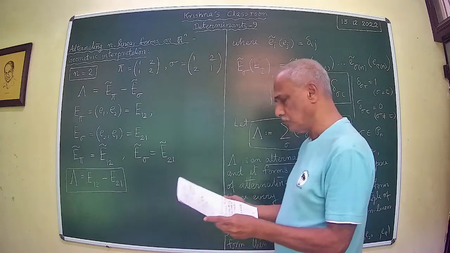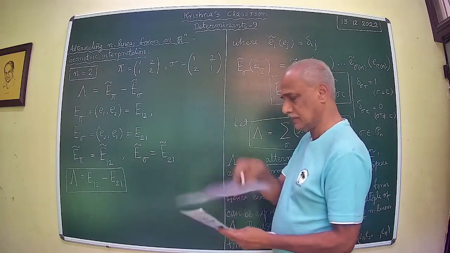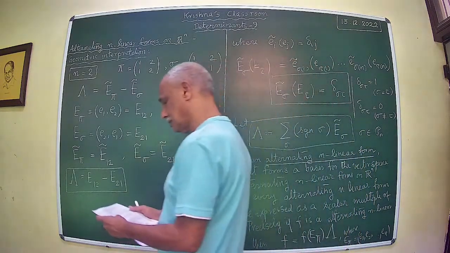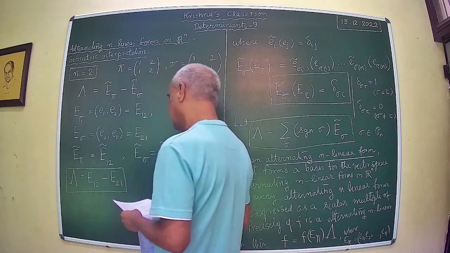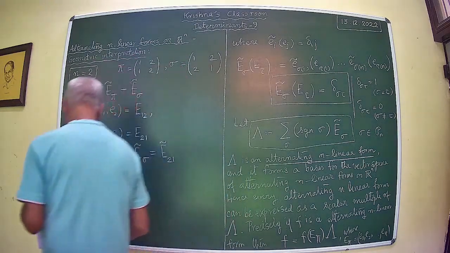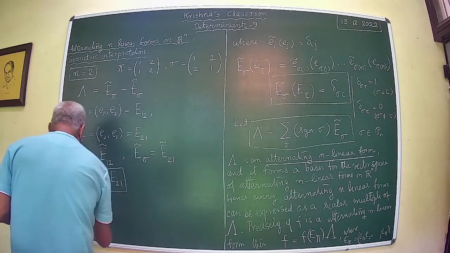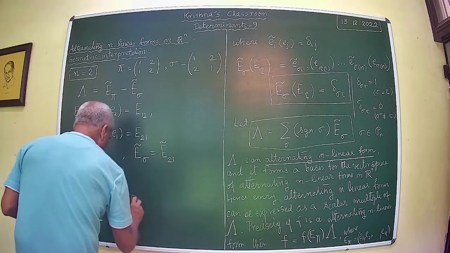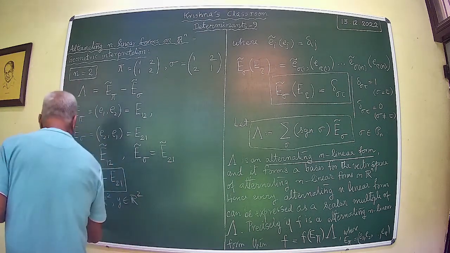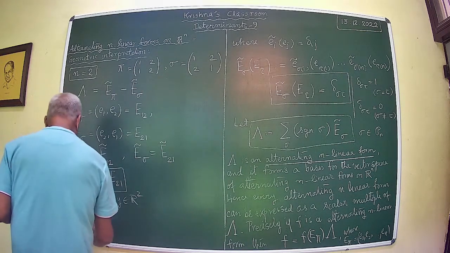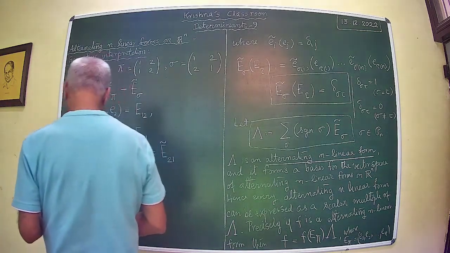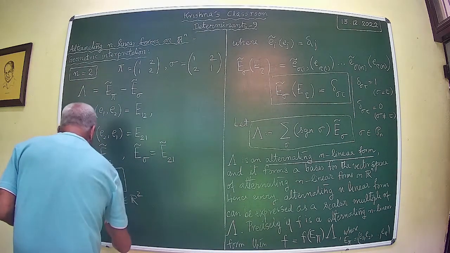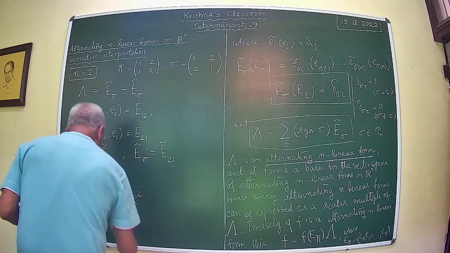Now, let us compute the following. What it does on a pair of vectors. So, let x be written as x1 e1 plus x2 e2.